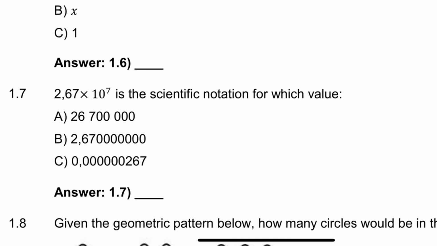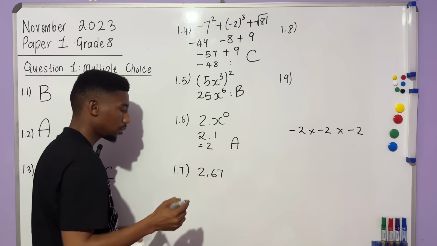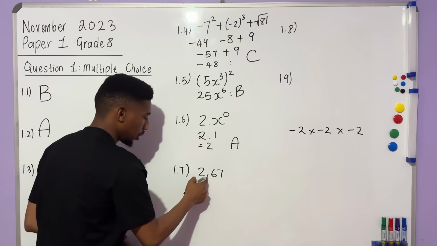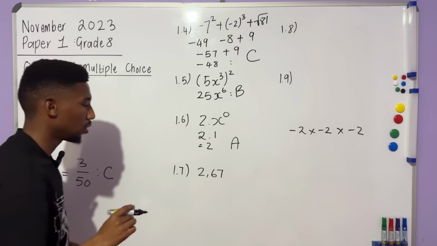1.7. 2,67 times 10 to the power of 7 is the scientific notation for which value? Okay, first we're going to have 2,67, and we know it's times 10 to the power of 7. So what we're going to do, if it's a positive exponent for scientific notation, we're going to move this decimal the amount of times or the value of the exponent.